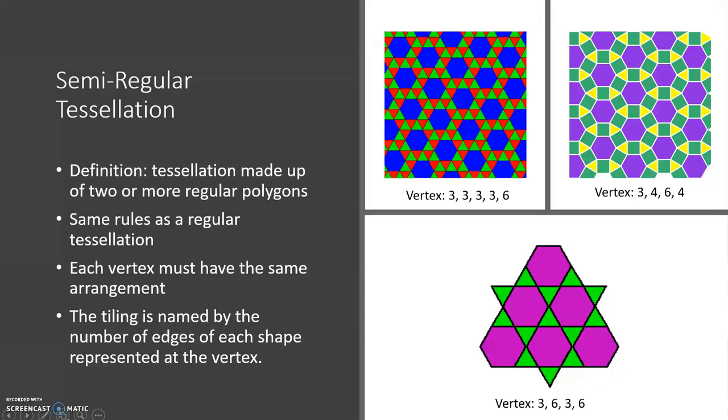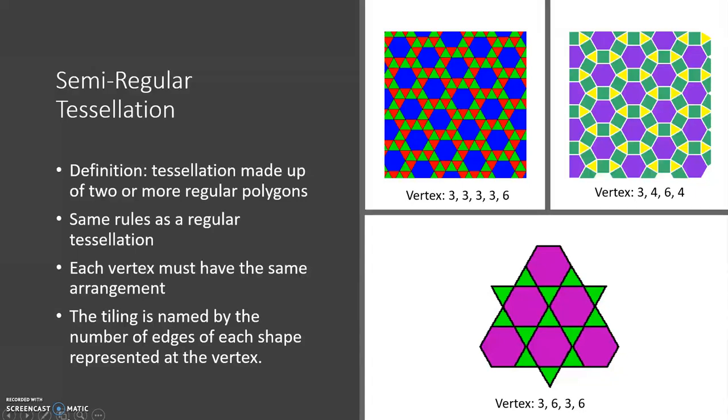Right. So if we look at this top left one, we have the blue hexagons and then the red and green triangles. So if you notice here, you can pick any vertex, and you notice that it's got four triangles and a hexagon. All right. So we want to name the vertex in such a way that the smallest numbers go first.